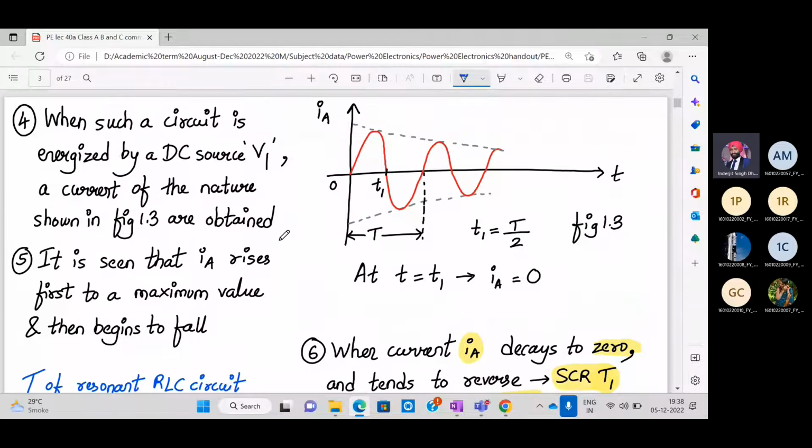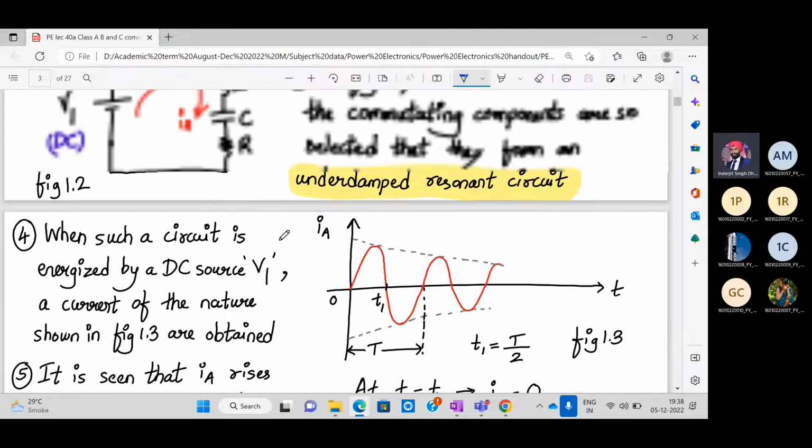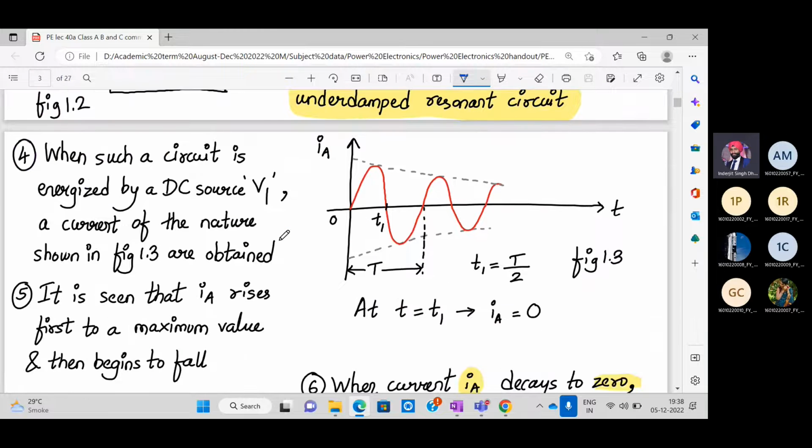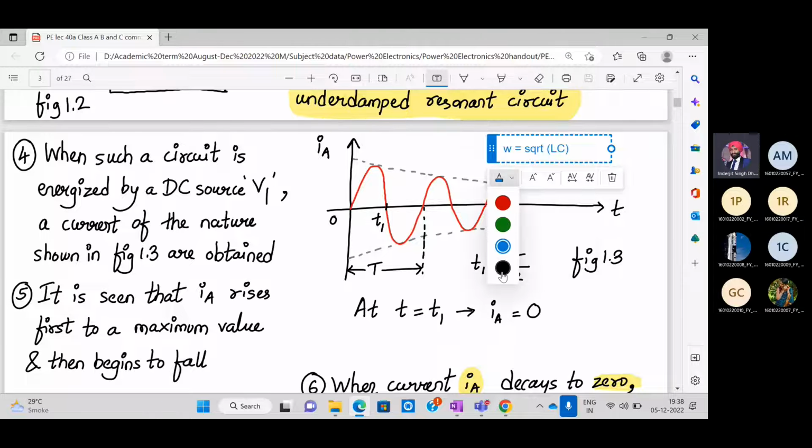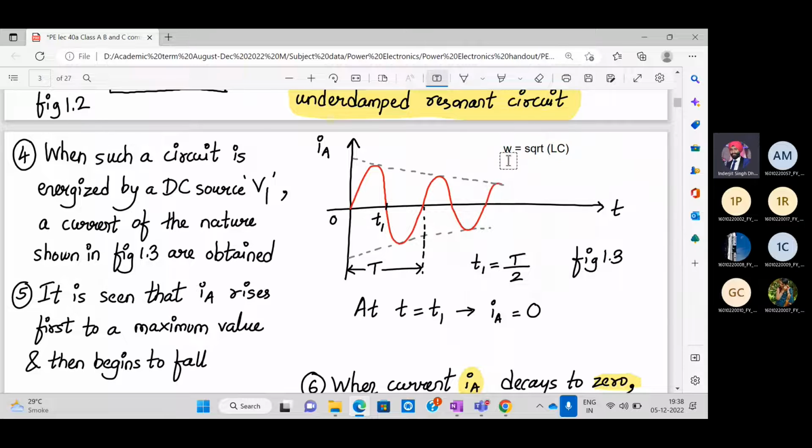Anyone can tell me what is the frequency of oscillation for an RLC series resonance circuit? Do you remember from your theory? Omega equal to 1 upon square root of L into C. Do you remember this formula? Yes, sir. So omega is 1 upon square root of L into C.